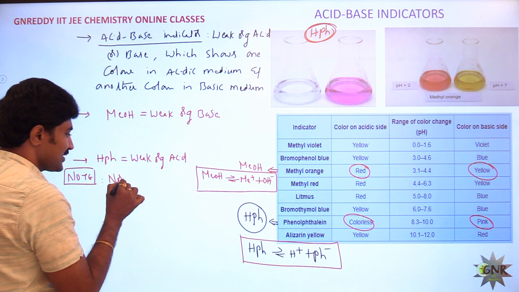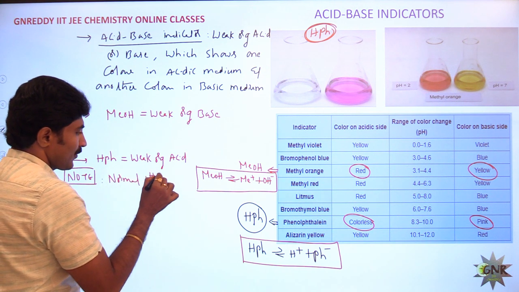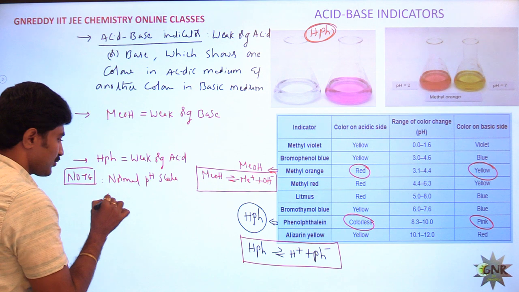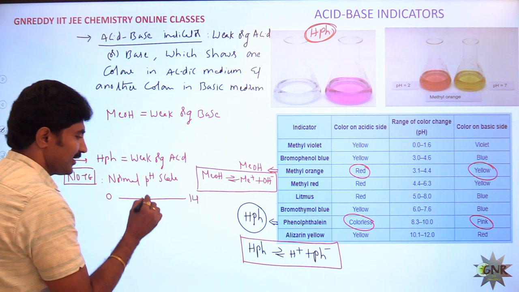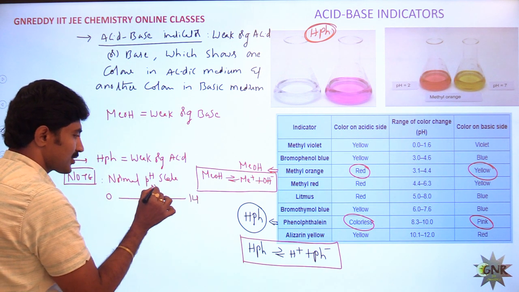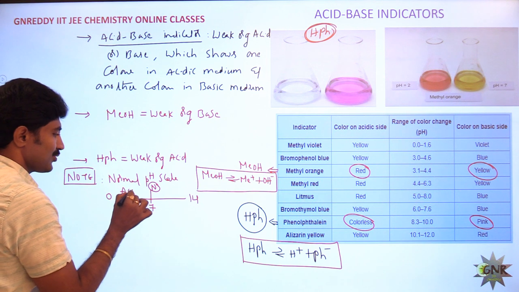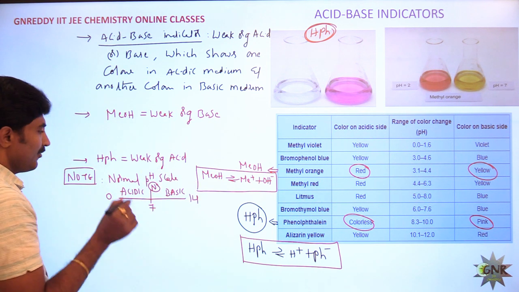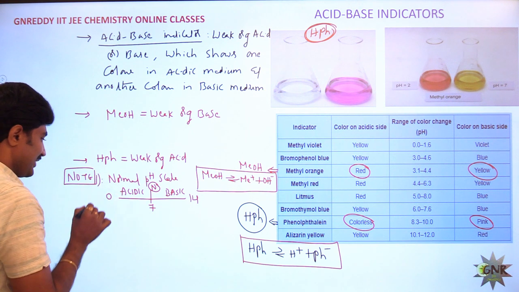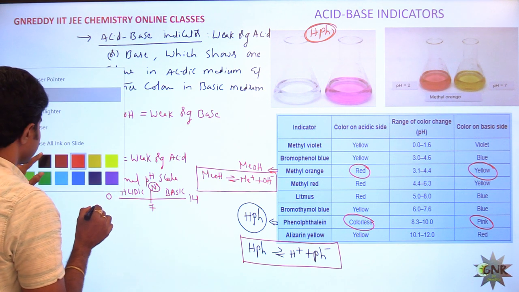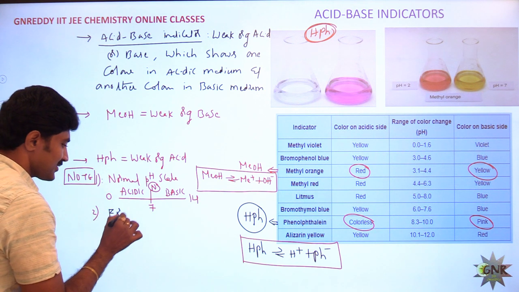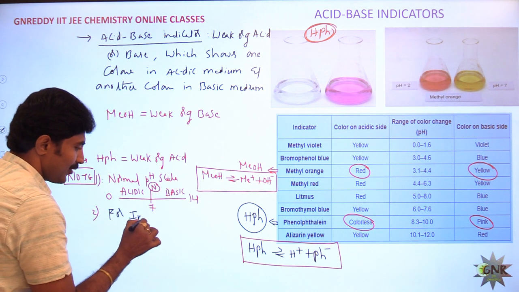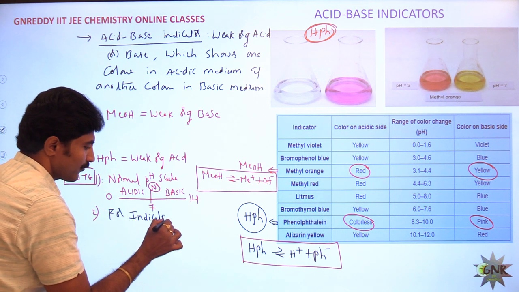The normal pH scale is 0 to 14 at 25 degrees, where 7 is neutral, this is the acidic zone, and this is the basic zone. Whereas for indicators, a different pH scale is there. What is that pH scale?